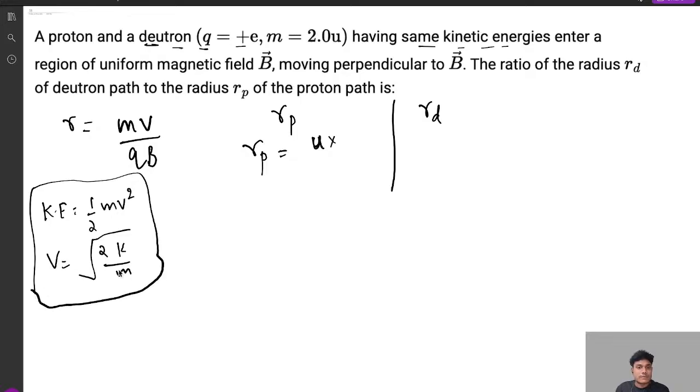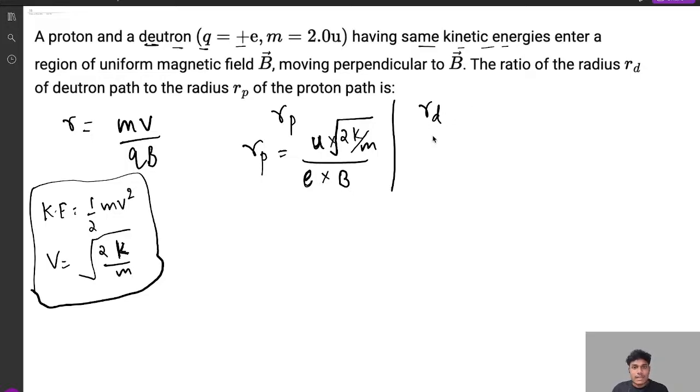The mass of the particle is different, and K is the same for both particles, so K remains the same. So RP is mu into root of 2K by m upon the charge on proton, that is plus e, that is e into B, right? Understand this?